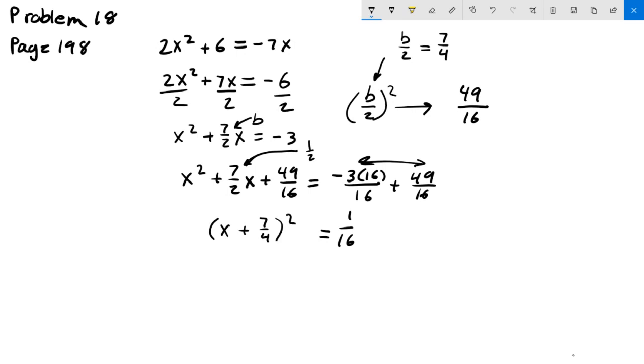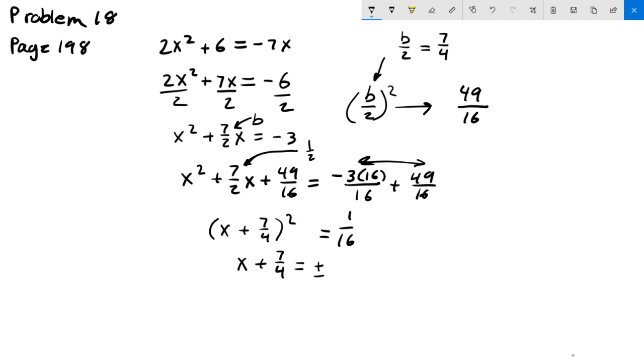And then now, if we take this and simplify it, it should give us our answer. So, taking the square root of both sides, you've got x plus 7 over 4 equals, where am I?